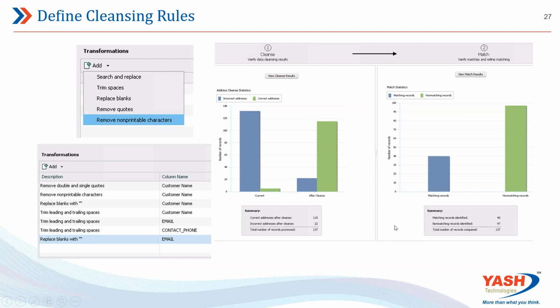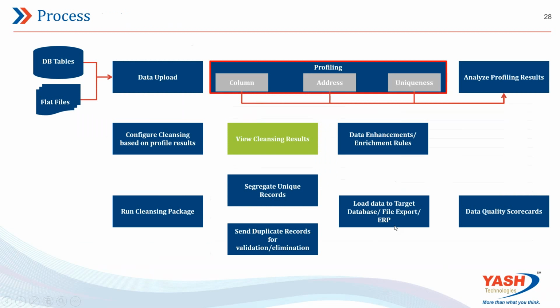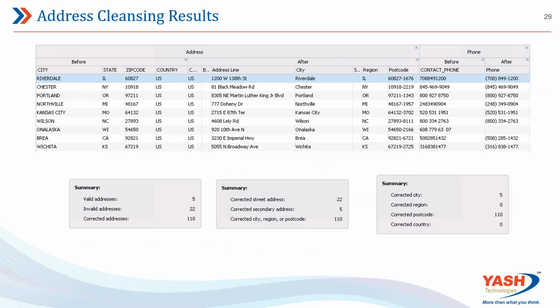This is only the process of building the cleansing rules. When you define these rules, the business team is able to see the result when I apply these rules. You can look into the cleansing results and see what it was before and what it is after. For example, city Riverdale, Illinois, zip code given. After the fix of the record, you can see that an address line is created.